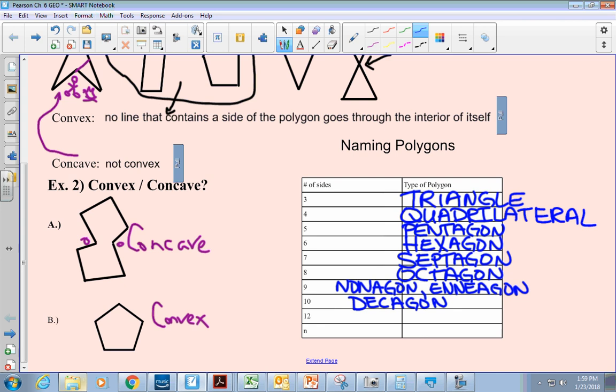And then dodecagon: ten plus two is twelve. So what's the Spanish word for two? Dos. So the dodecagon is a twelve-sided figure. It's like dos, like two, dodecagon. So it's like two plus ten.